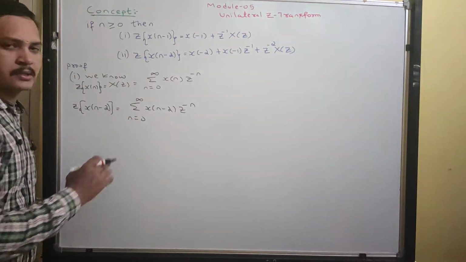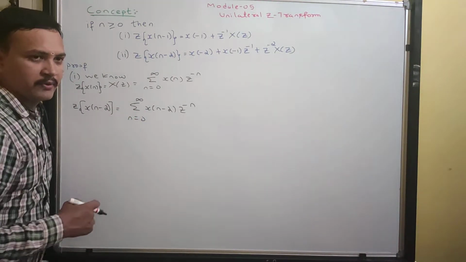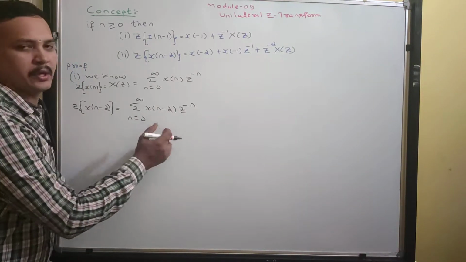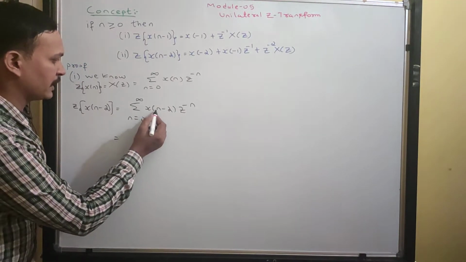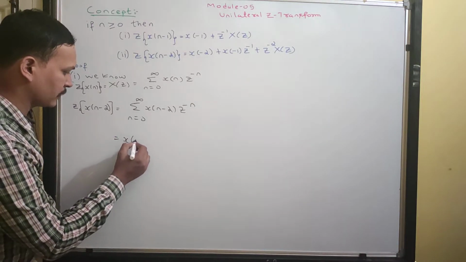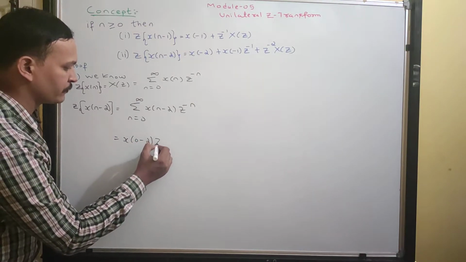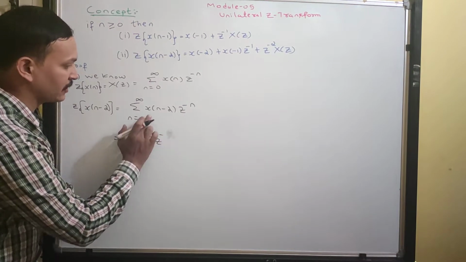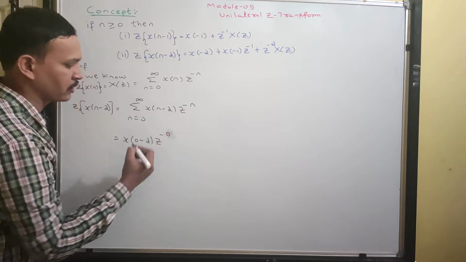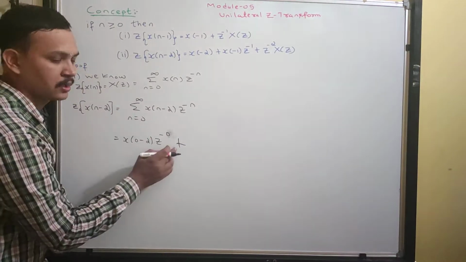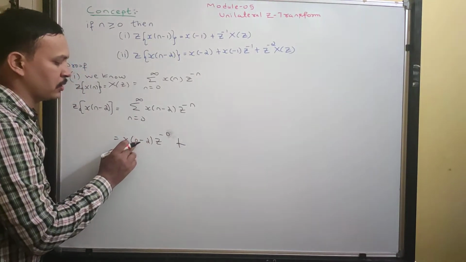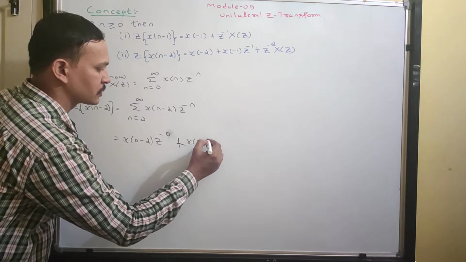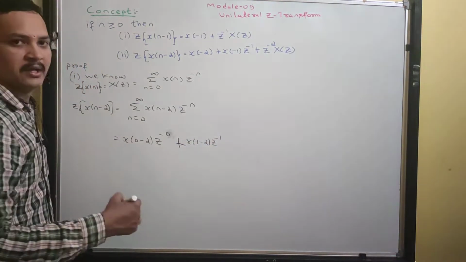Now expand this, till 2 you should expand, less than 2 you expand. Putting n equal to 0 for the first term, z power minus 0. Then plus, putting n equal to 1, x of 1 minus 2 into z power minus 1.